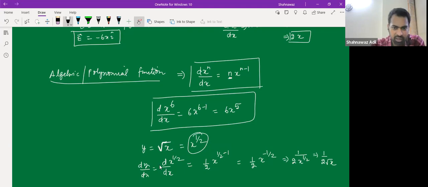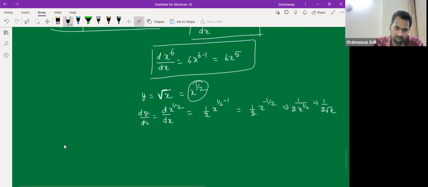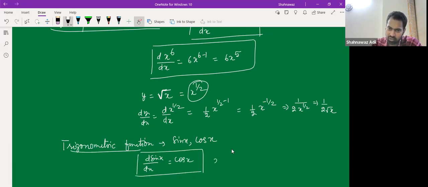Yeah. And if I want to calculate the differentiation of trigonometric functions, so trigonometric functions are what? So just two functions we should remember, sin x and cos x. Differentiation of sin x is cos x, and differentiation of cos x is what?